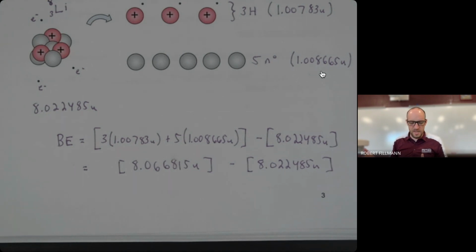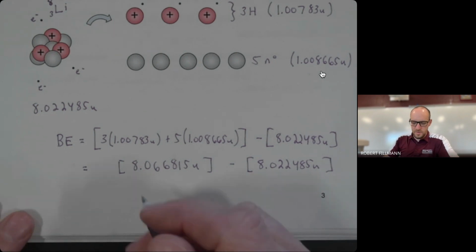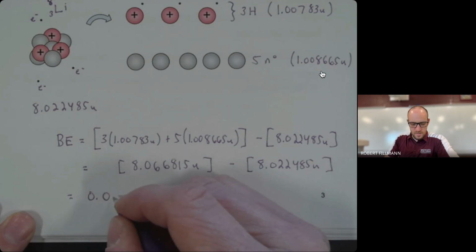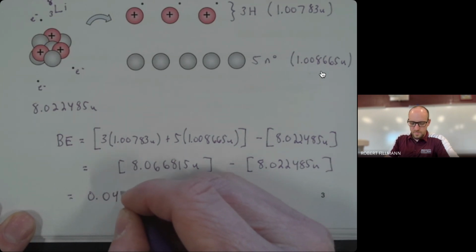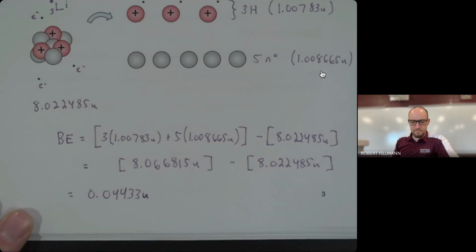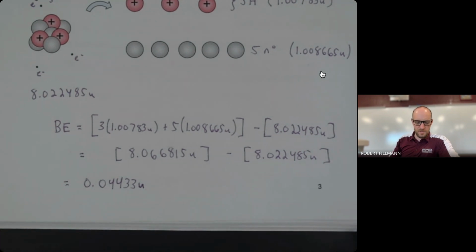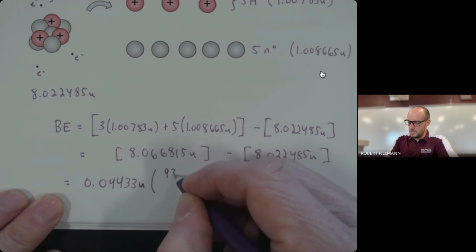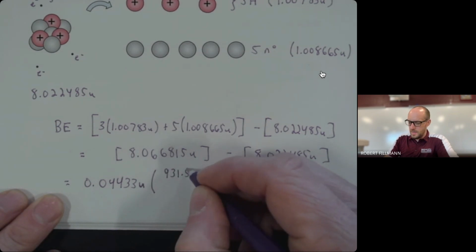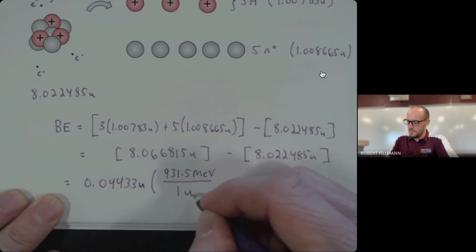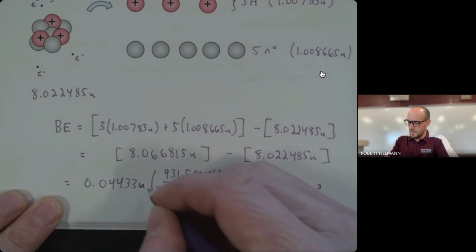So how much mass, how much work did we have to do? The difference between the 2 masses, it's pretty small, but it's not totally insignificant, 0.04433 atomic mass units. And I could make a unit conversion using the conversion I showed you on the previous page, that there's 931.5 mega electron volts available for every atomic mass unit.